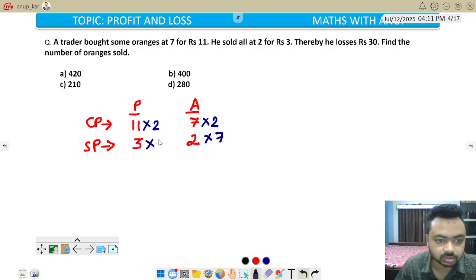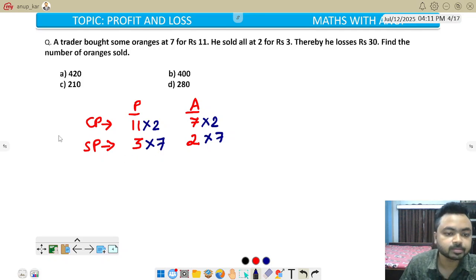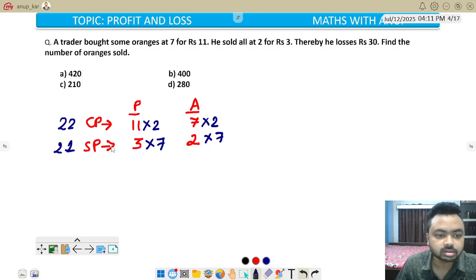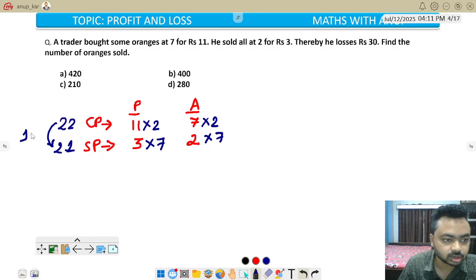So my cost price will come out to be 22 and the selling price will come out to be 21. So there is a loss. How much is the loss? 1 rupee loss.